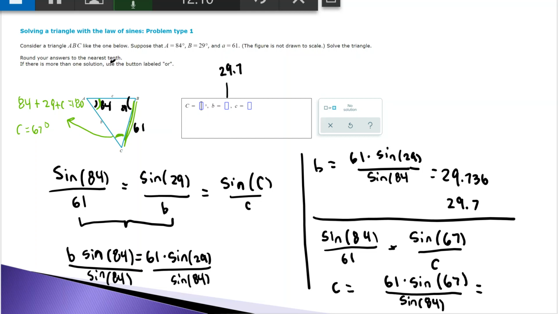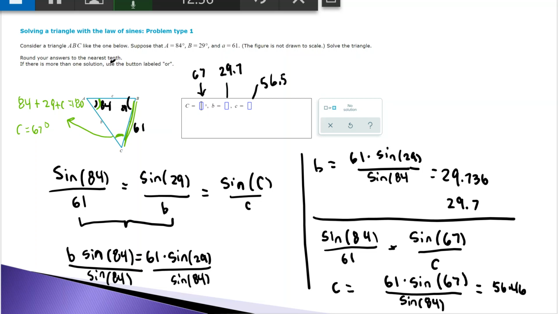And I'll take 61 times sine 67 divided by sine 84, and that's giving me 56.46. So that'll be a 56.5, and my C was 67.